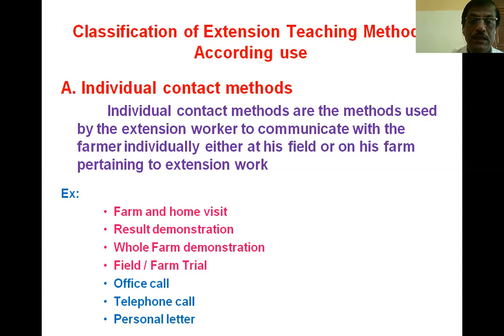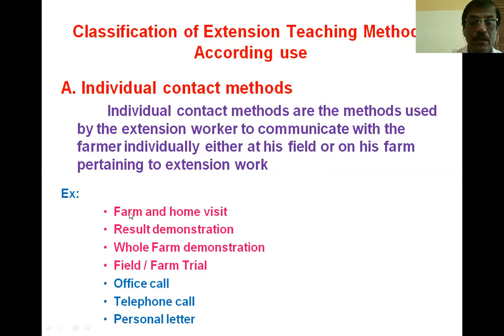Individual contact methods are the methods used by the extension worker to communicate with farmers individually, either at his field or on his farm, pertaining to extension work. Whenever you are using teaching methods for educating the farmers individually, such methods are called individual contact methods.